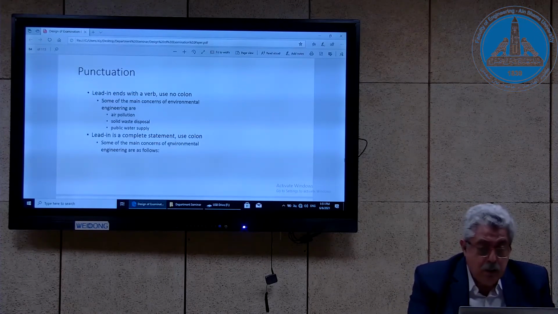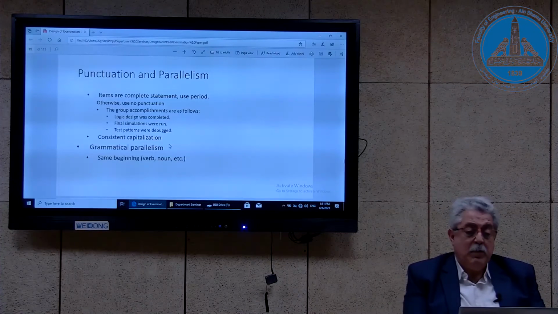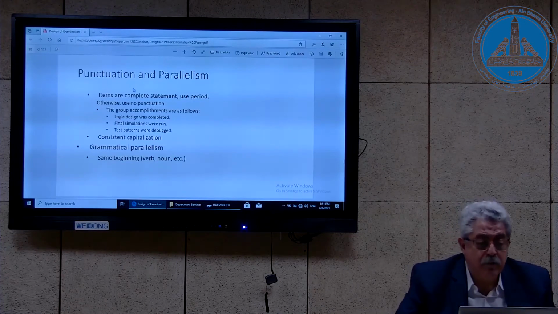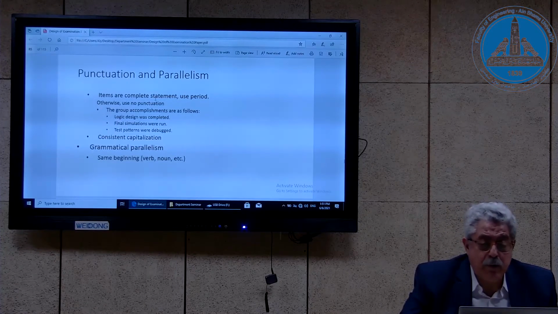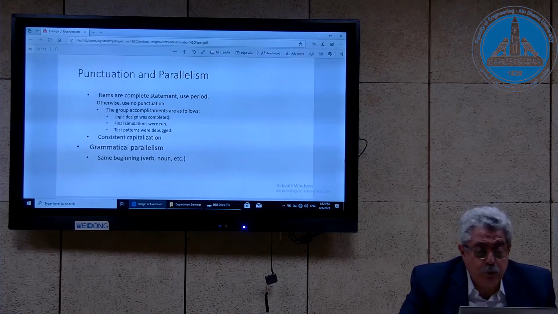Another detail regarding punctuation is parallelism. Parallelism is in two things, in capitalization and in grammar. If the list items are complete statements, we use a period. Otherwise, we use no punctuation. You mean if the list is a complete statement, like "Logic design was completed," we put a period.